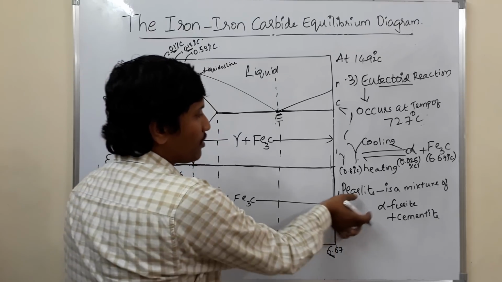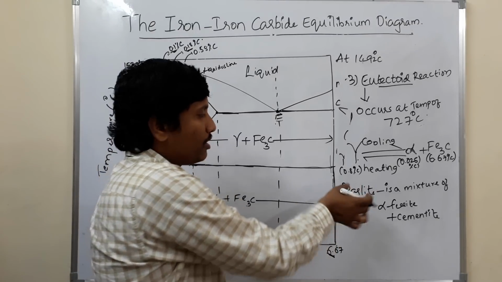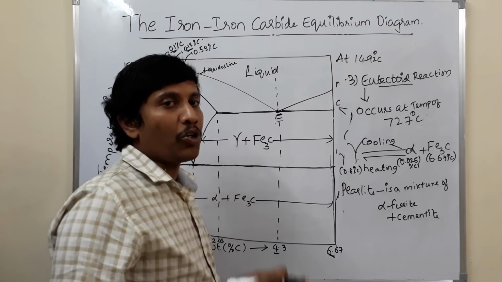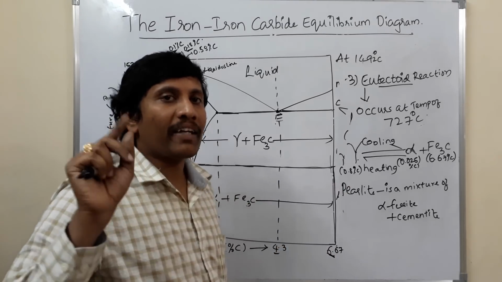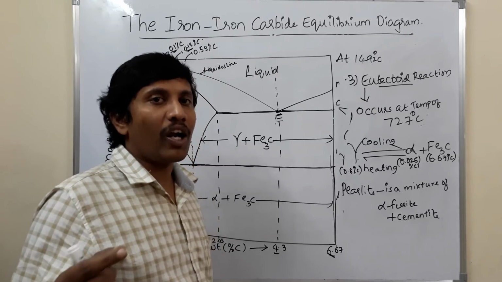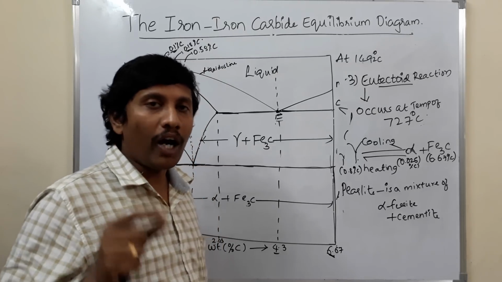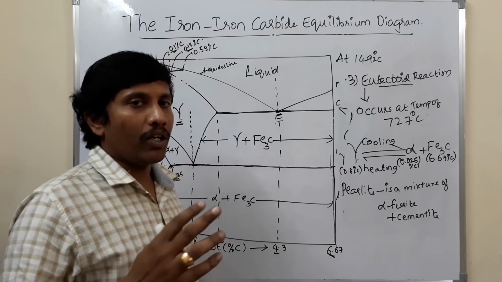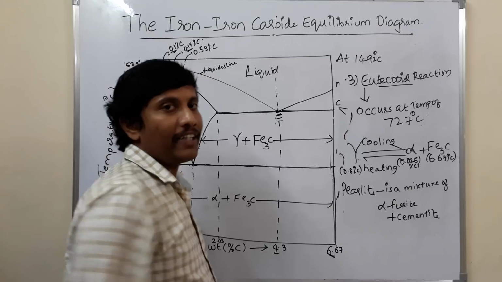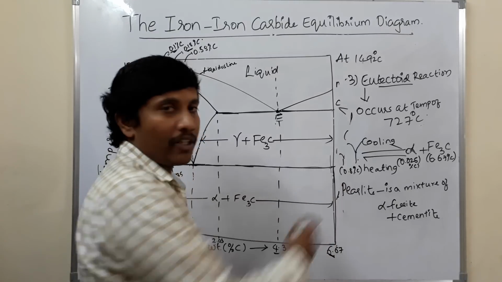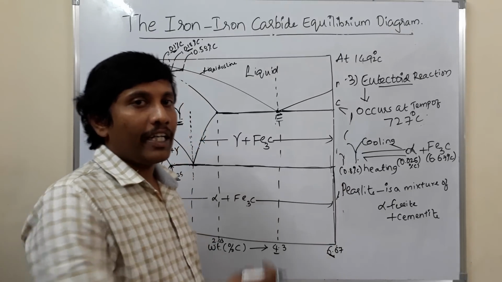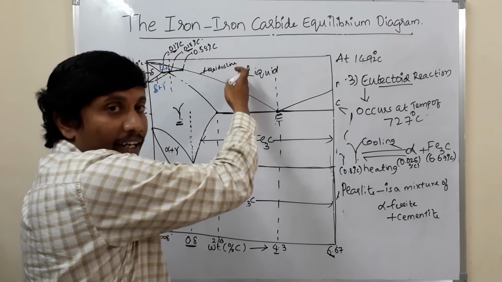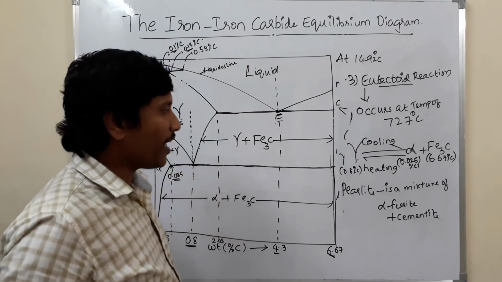In pearlite, the microstructure looks like a fingerprint. It is called plate-like or lamellar in shape. How the microstructure of pearlite looks, we will draw when we discuss how microstructure changes occur during equilibrium cooling.